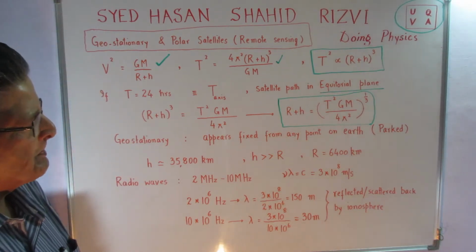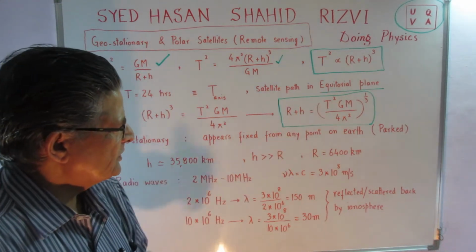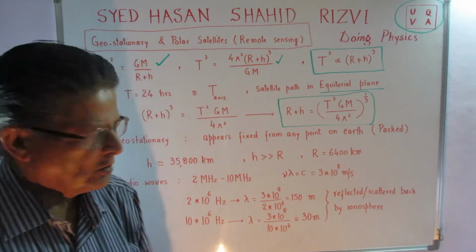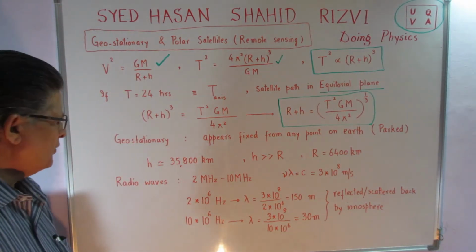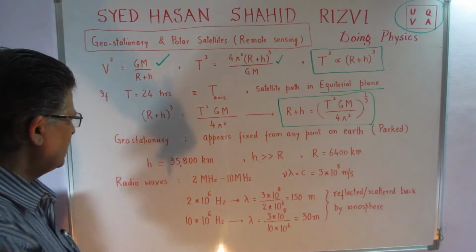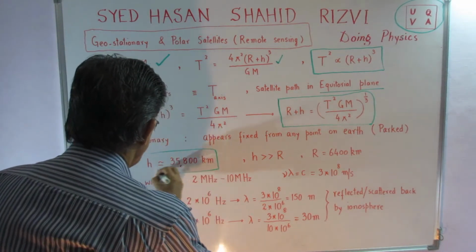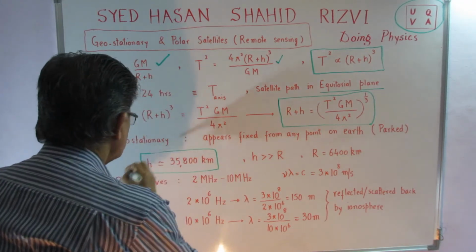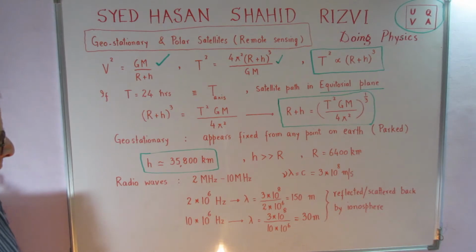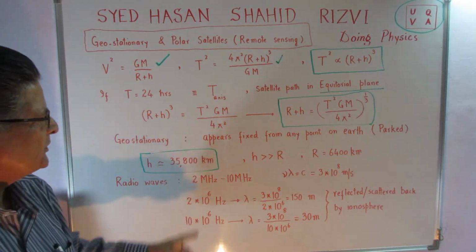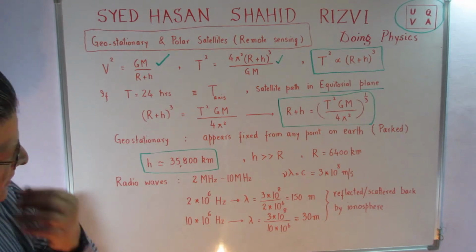Well, if we work out the things, substituting the known values, capital G, M, T square, 4 pi square, etc., then h can be calculated to be 35,800 kilometers.